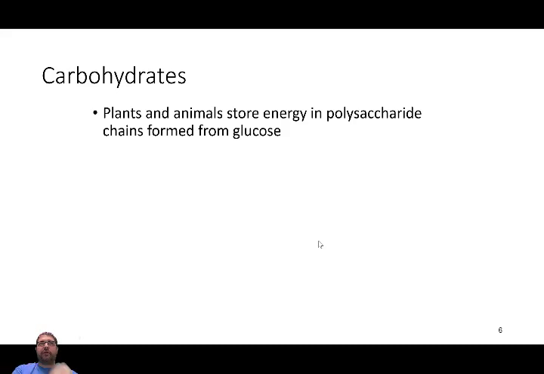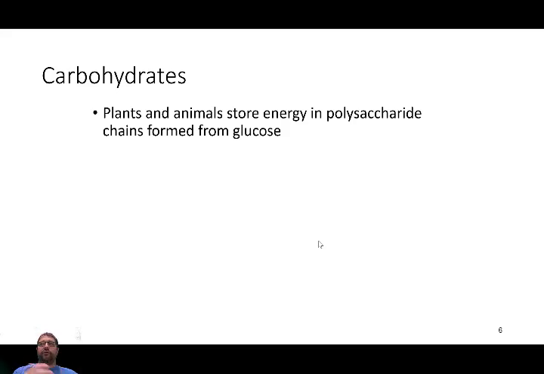You can go from monosaccharide to disaccharide to polysaccharide fairly easily, and you can go backwards. You might have a polysaccharide and convert it back to a disaccharide, back to a monosaccharide. Breaking these bonds releases energy. This is what really allows carbohydrates to be that kind of energy storage molecule.